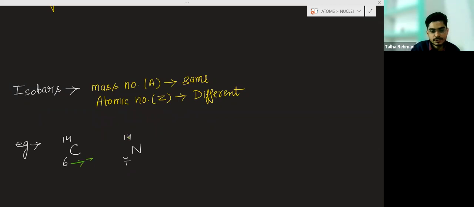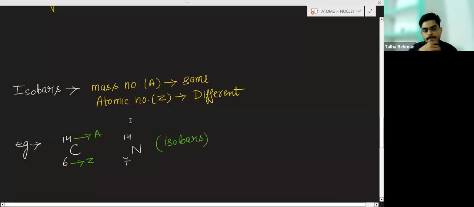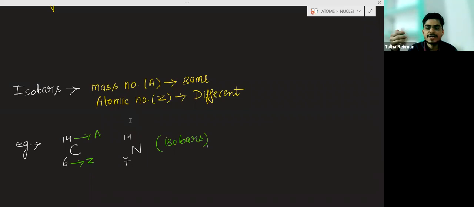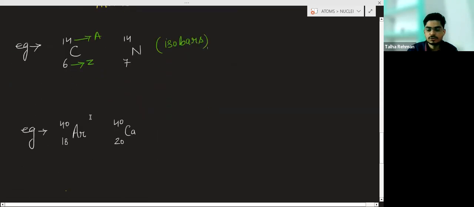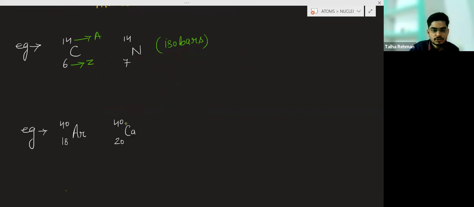This is atomic number Z, this is mass number A. So these are isobars, the atoms of different elements having the same mass number and different atomic number. This is also, see, different atomic number, same mass number. These are also isobars.